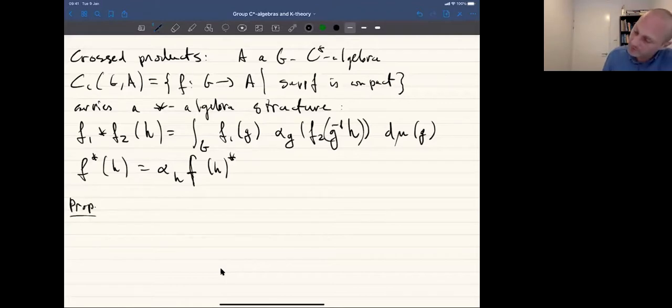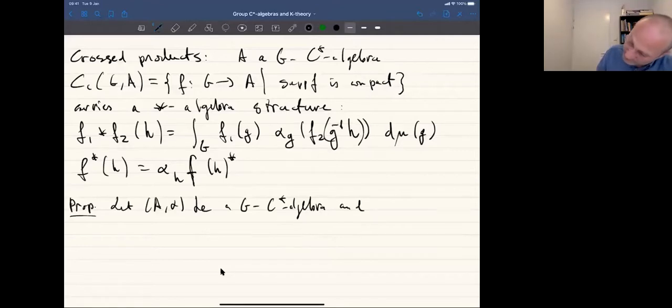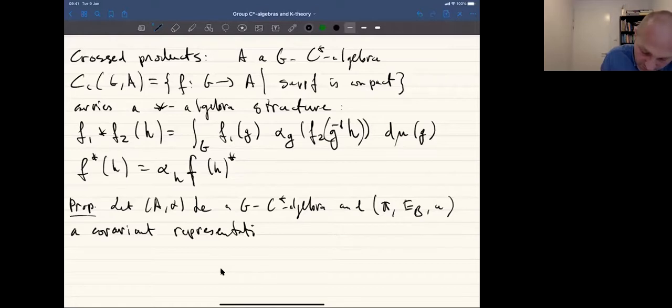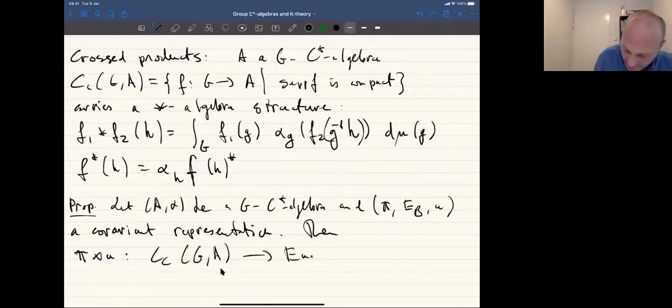So the following easy proposition is: let A alpha be a G C star algebra and pi, I'm going to write E B now, and U a covariant representation on some Hilbert module, which could be a Hilbert space, then pi cross U will be a map from C_c(G, A) into the adjointable operators on the module.